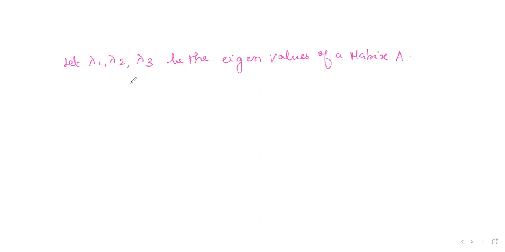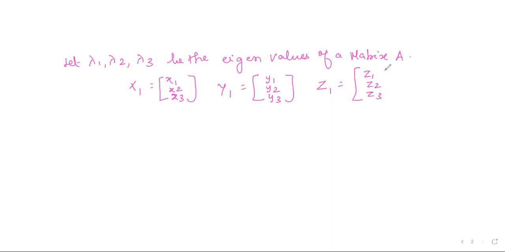Let us take the three eigenvectors as x1, x2, x3, and y1, y2, y3, and z1, z2, z3, the corresponding eigenvectors for the three eigenvalues.